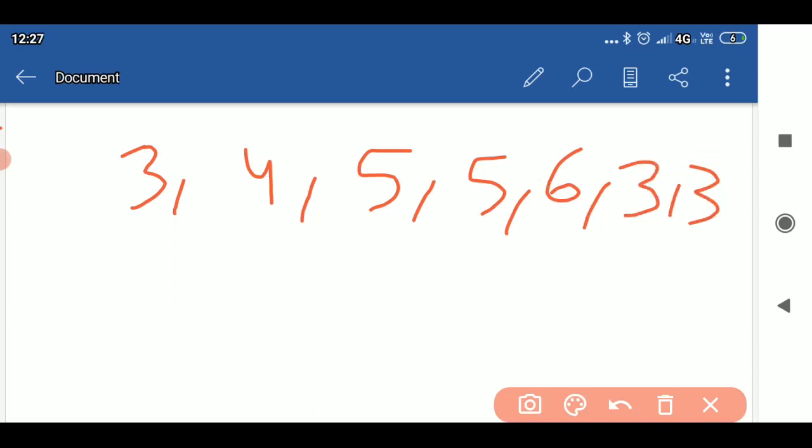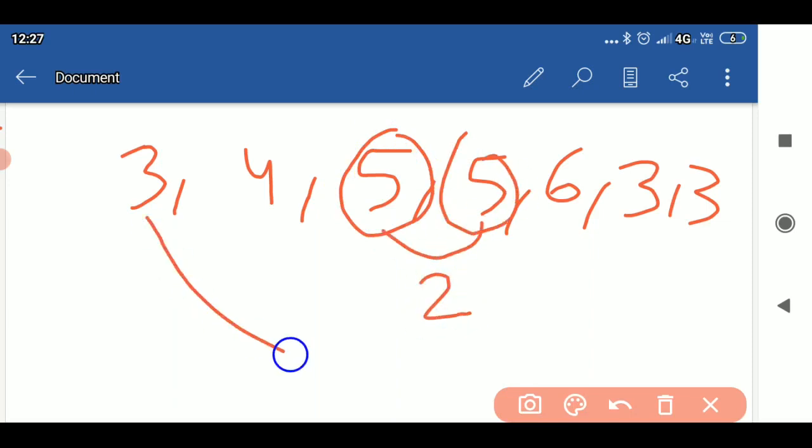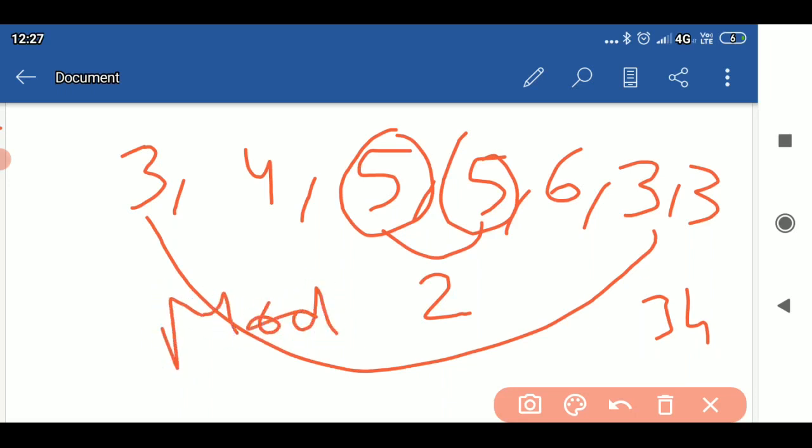How many times is 5 appearing here? 1, 2. It means 2 times. And 3 appears 1, 2, 3, 3 times, right? So in this data series, 2 modes are available, where 3 comes 3 times and 5 comes 2 times. So the modes are 3 and 5, right?